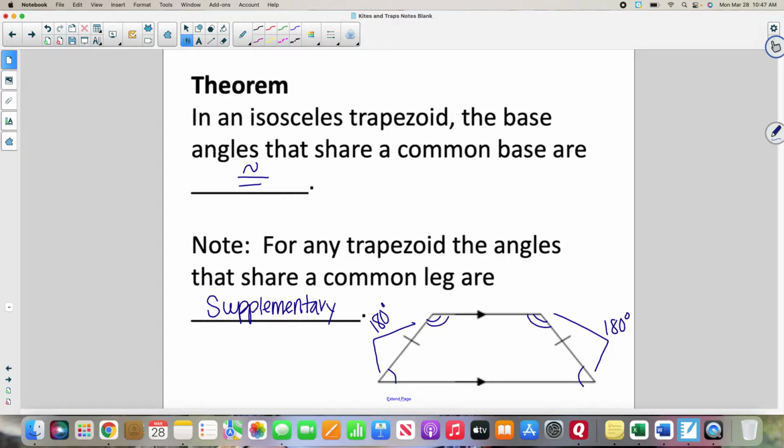But only isosceles trapezoid base angles are congruent. Is it still opposite angles equal 180? No.